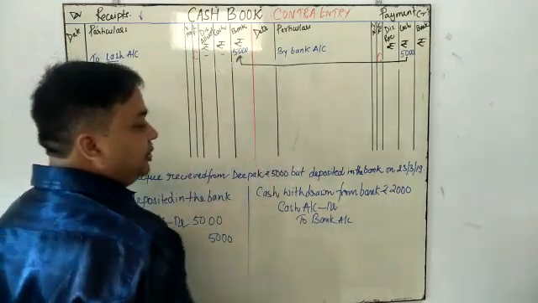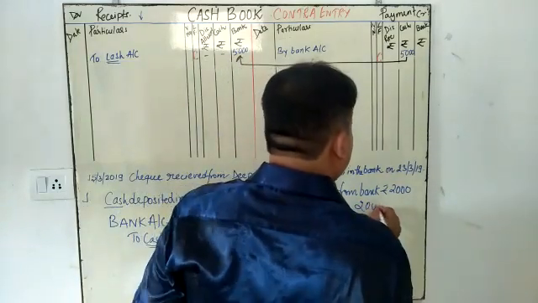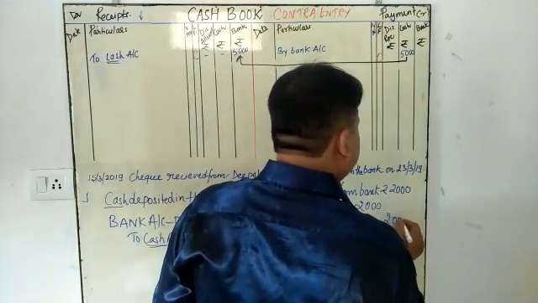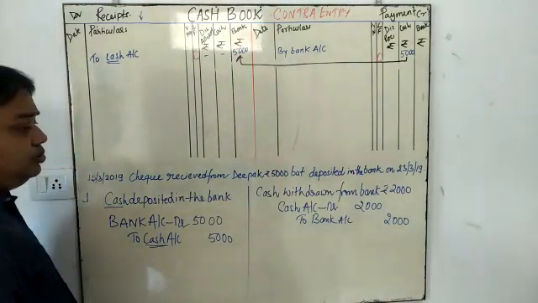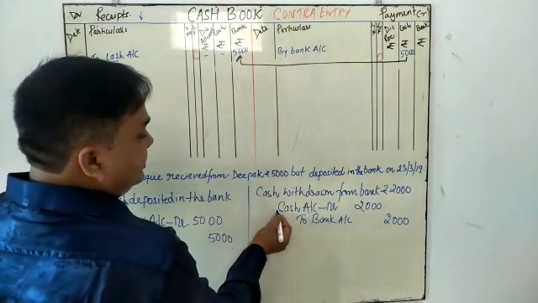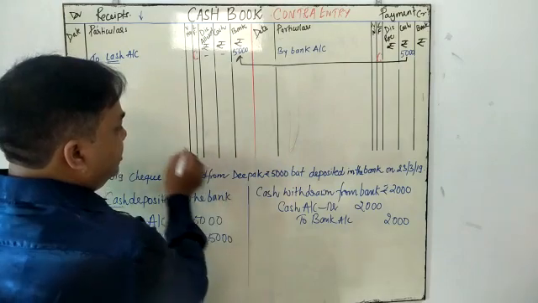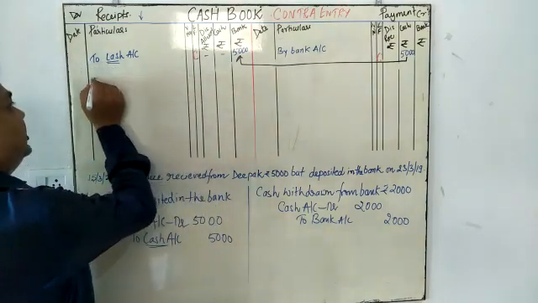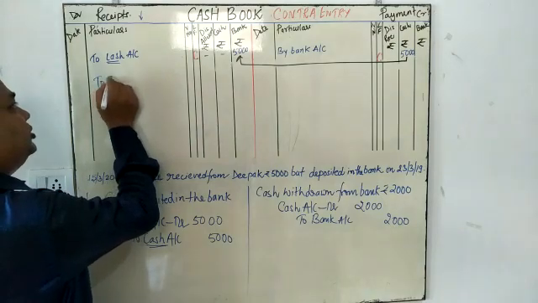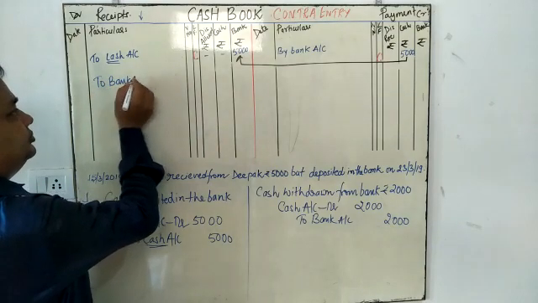Cash account debited to bank account. Okay. So you put this into the cash book. How to put it? You observe that cash is here on the debit side. So you move to the debit side here. Write down the reason: to bank.